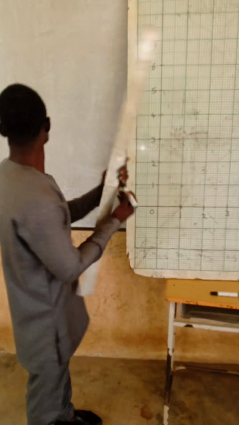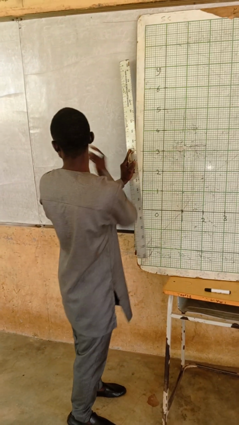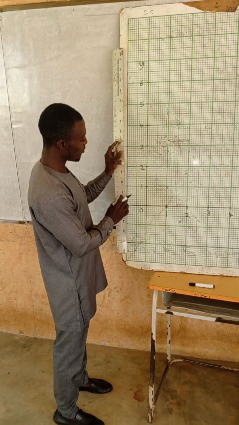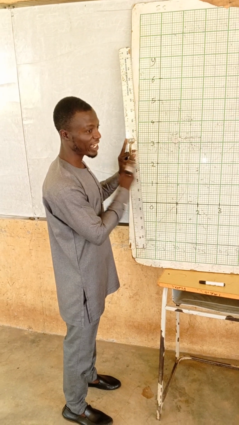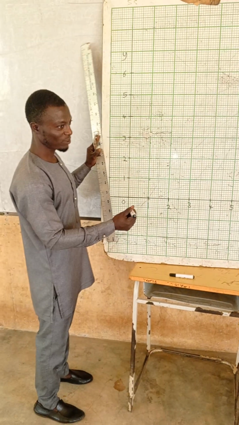Vector A has coordinates 2, 3. It means that the 2 is the movement along the x-axis, that's the x component, and the 3 is the movement along the y-axis.